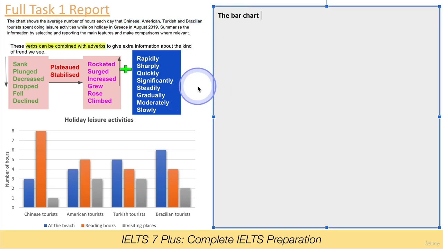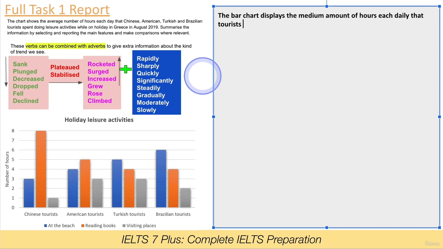The bar chart displays the medium total of hours, or maybe medium amount of hours daily that tourists.